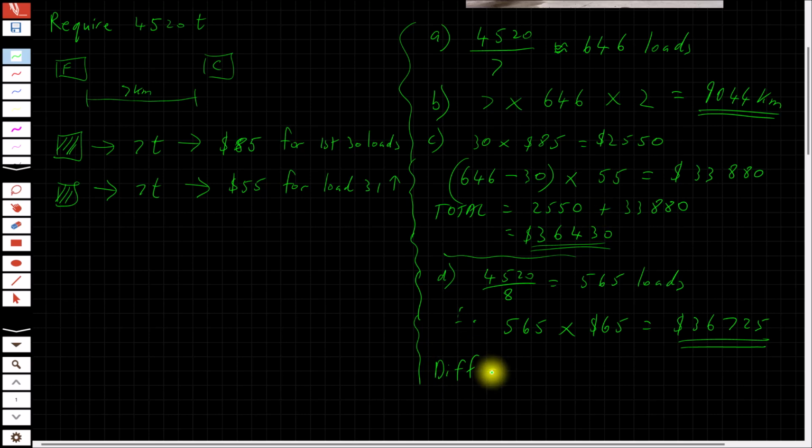Difference equals 36,725 take away 36,430. That equals $295. So this one, supplier 2, is more expensive by $295 compared to the original supplier. So it is better to go with the original supplier. Okay, this completes this problem solving lesson.